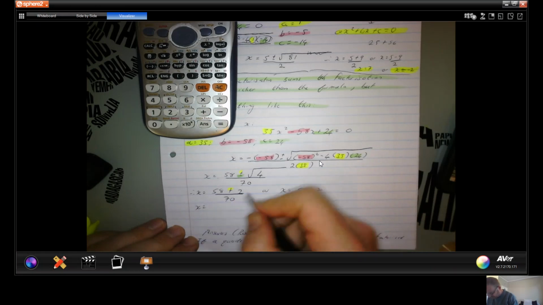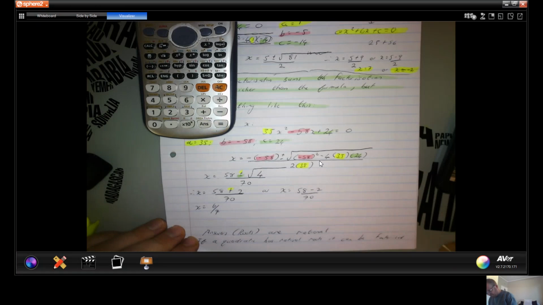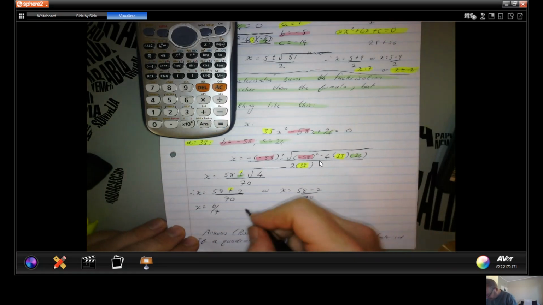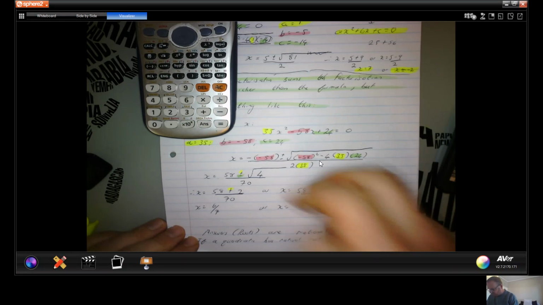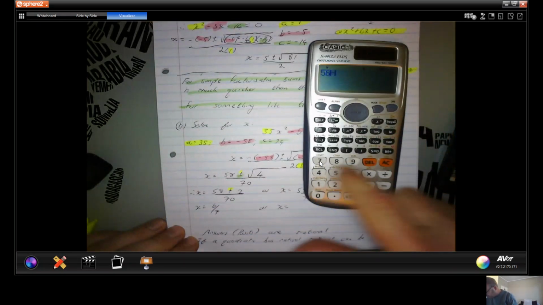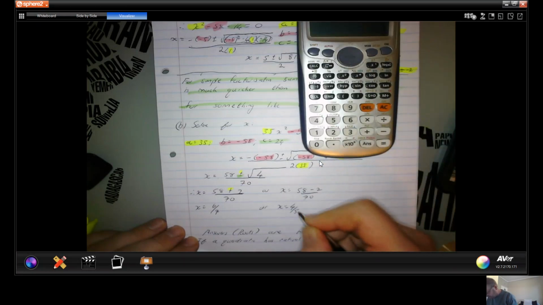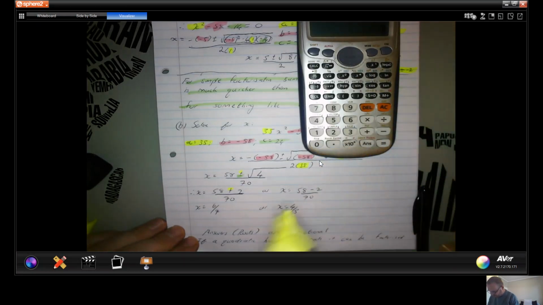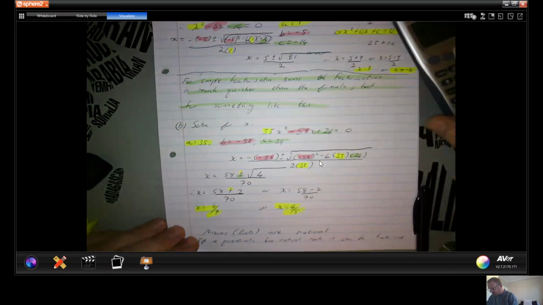So here I'm going to get 60 over 70, which simplifies to 6 over 7. And here, or x is equal to 58 minus 2, which is 56. And 56 divided by 70 simplifies to 4 over 5. So I get x is equal to 6 over 7, or x is equal to 4 over 5. Right, that's the solution to that whole equation over there.